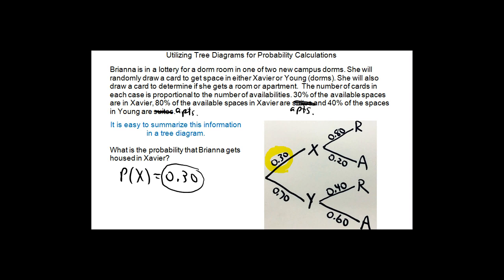So the point I'm trying to get across is once you get these problems set up, you can be asked a lot of questions. Some questions involve multiplication. Some questions are simply going to involve reading a number off of one of the branches of the tree. So you have to put your thinking cap on, you have to concentrate and make sure you're answering the question that's being asked.